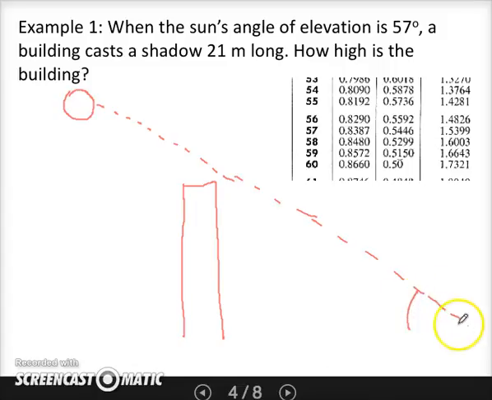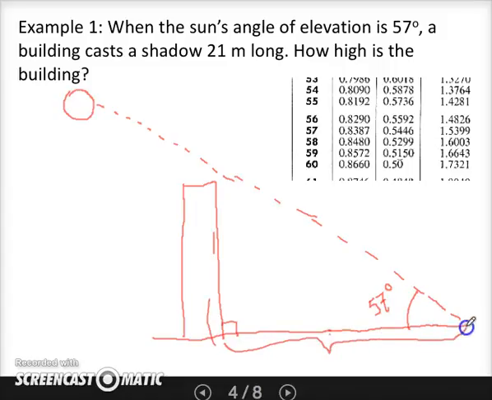And the angle of elevation, which is always the angle with the horizontal, in this case is 57 degrees. As we've learned in class with our experiment the other day, the length of the building's shadow is going to be measured from where the sun touches the top of the building here to the place where the sun's ray touches the ground over here.